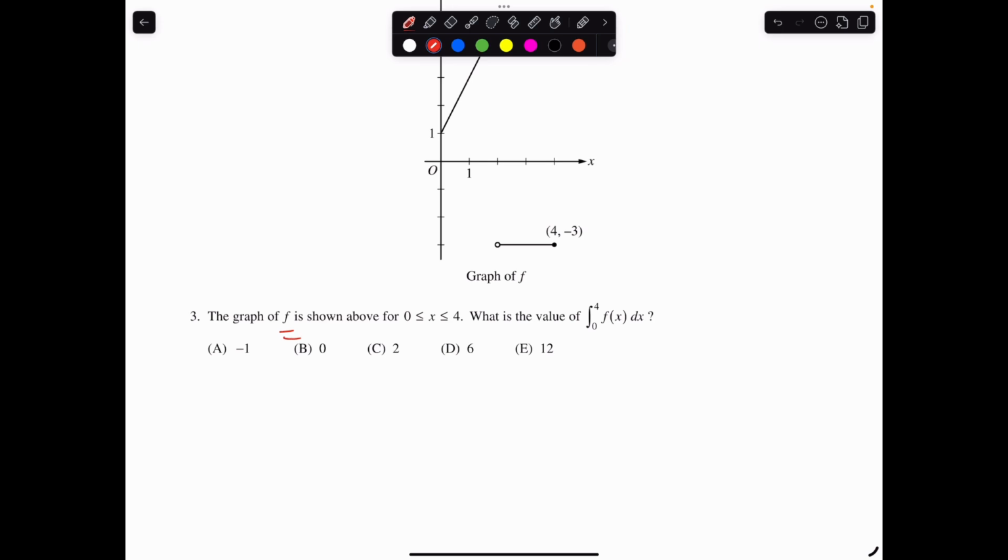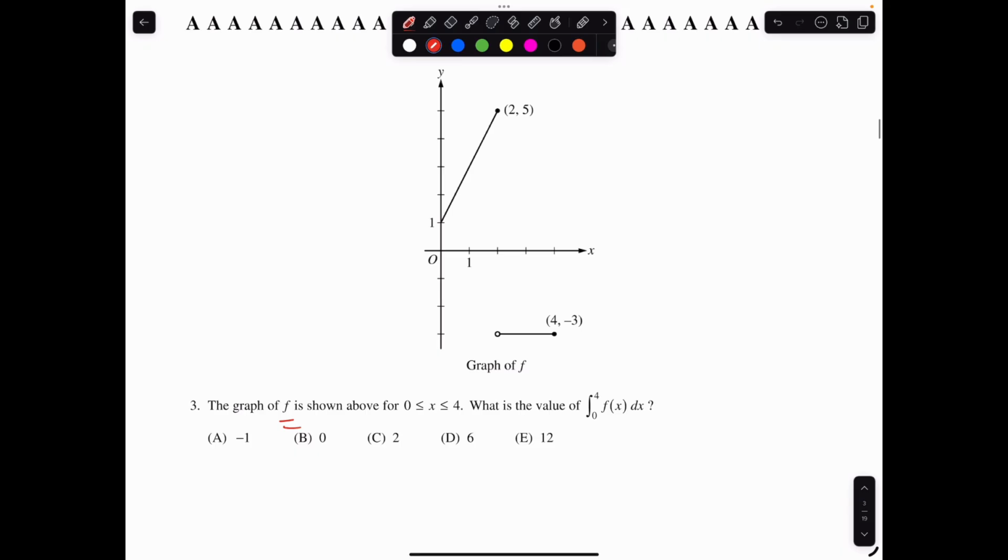Alright, the graph above shows f. What is the value of the integral from 0 to 4 of f of x dx? We're just finding the area here, so we're going to break it up into 2 sections. First, let's find the area of this section, and then the area of this section. This triangle has base 2 and height 4, so the area is 4.